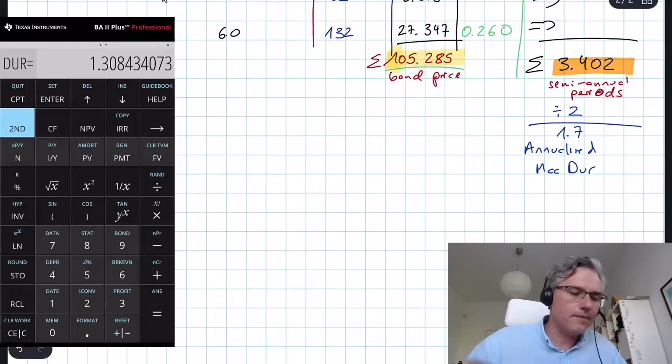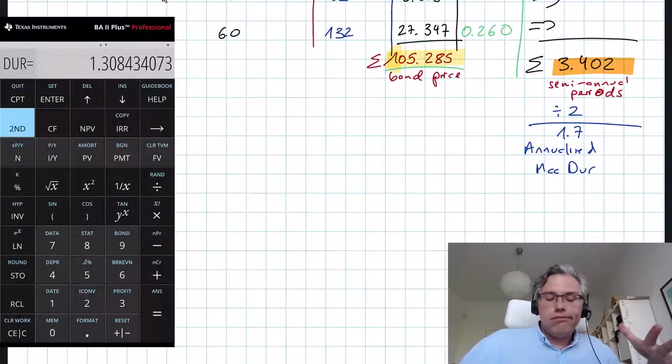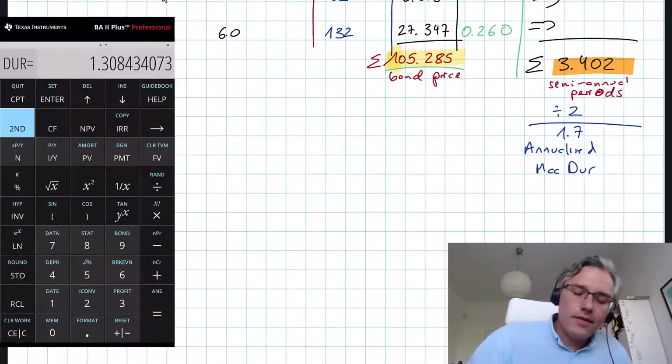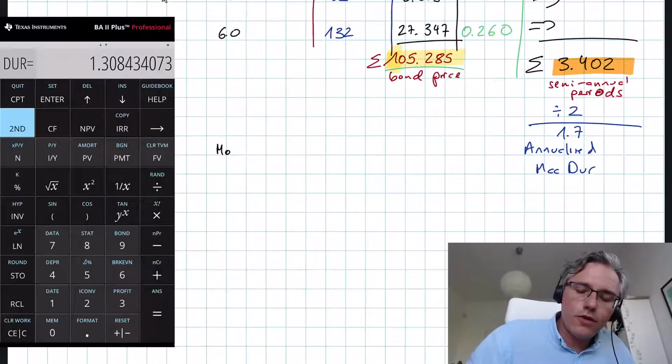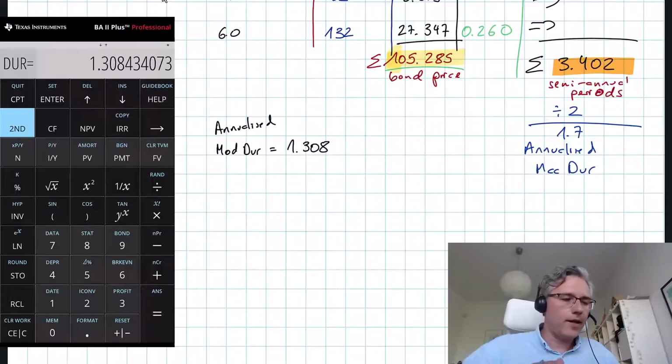Well, it says duration on the calculator 1.308. Okay. We know that this is modified duration, 1.308, and your calculator will always display annualized modified duration, right? It's always annualized.